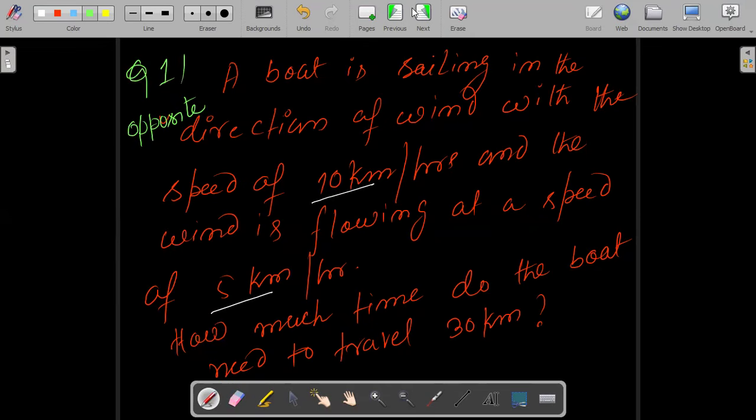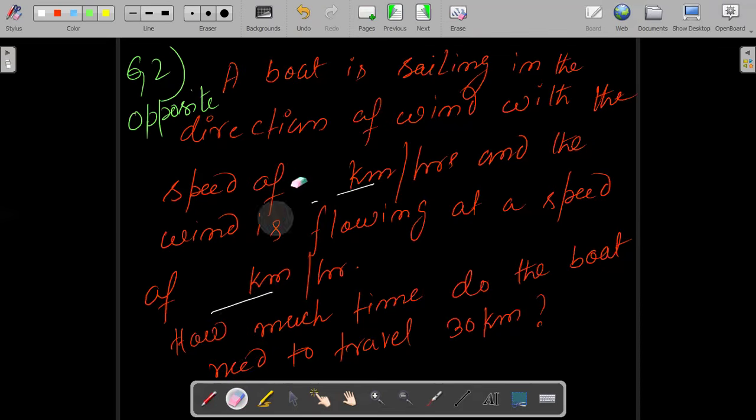Question 1. And the second question is, can you tell me what is the second question? What can be the second question? No. In the opposite direction here also, but here I will make a twist. Here you will get 5 kilometer, here you will get 10 kilometer.